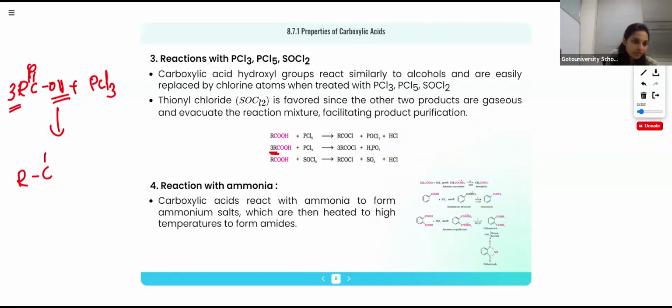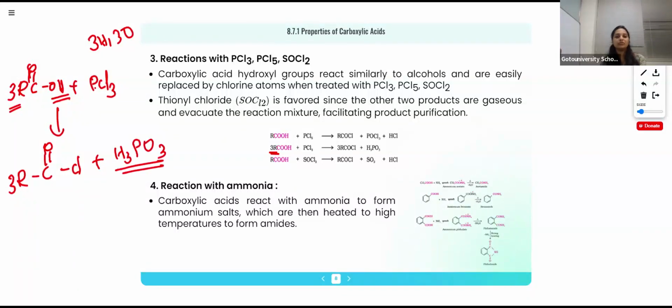So, you will get 3 molecules of RCOCl. Plus, 1 phosphorus is remaining. From this molecule, 3 hydrogen and 3 oxygen are removed, right? So, it will be H3PO3, phosphorous acid. Because we are taking 3 molecules. Don't forget this one, 3 molecules. Here in the first and third case, we are using only 1 molecule.